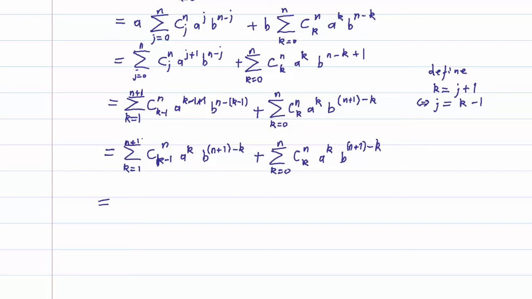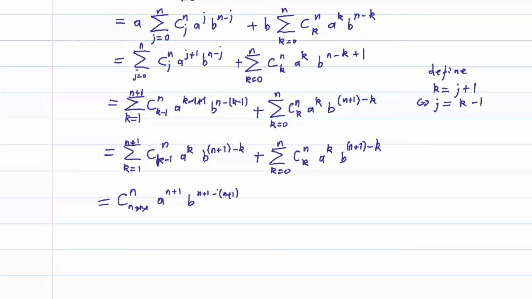So if I take the n plus 1 term out here, it's when k equals n plus 1, so I have C(n, n), and now k equals n plus 1, n plus 1 minus 1 cancels out, that's C(n, n) a^(n plus 1) b^(n plus 1 minus (n plus 1)).